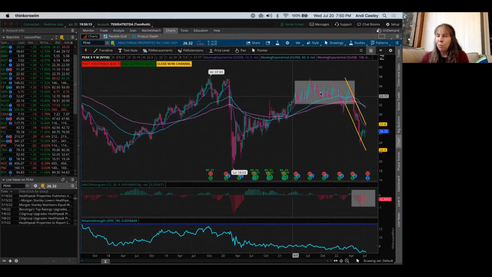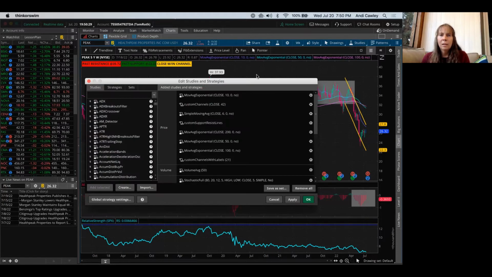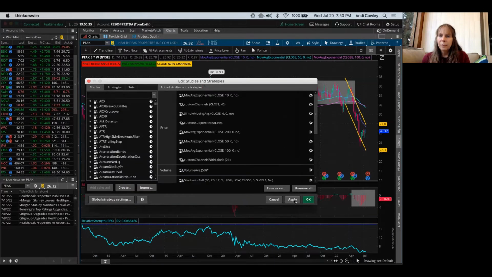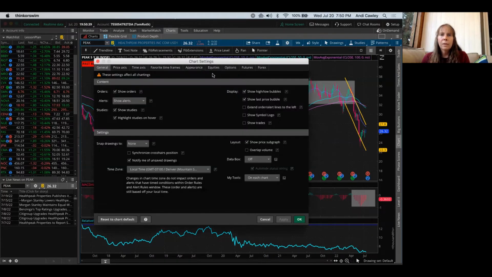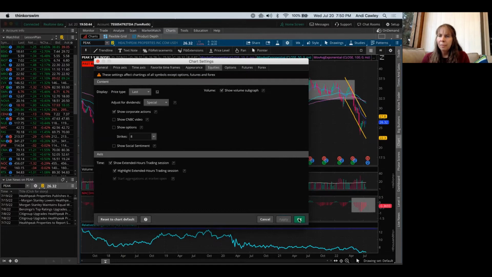I mean, this upward movement, the sideways movement, and the downward movement here. I don't know what the volume on this is. Let's see if we can add volume back in here. All right.